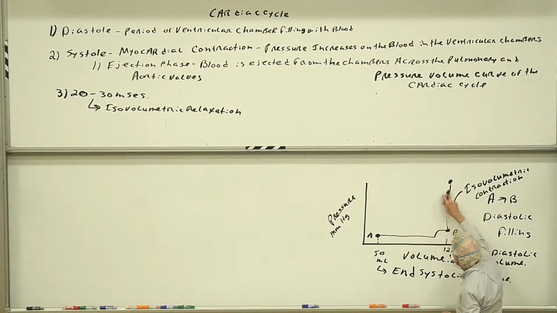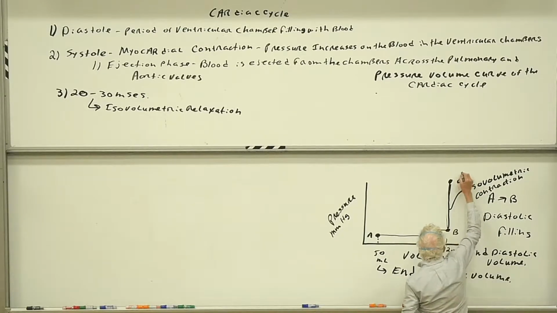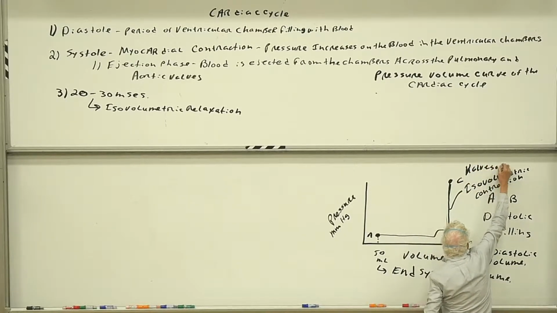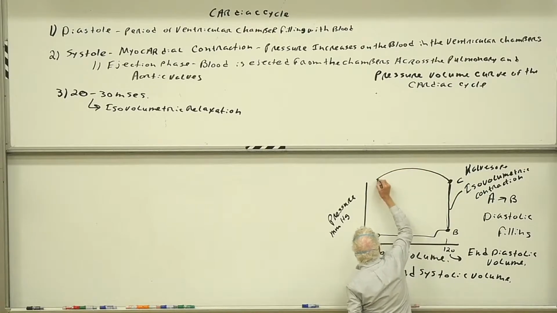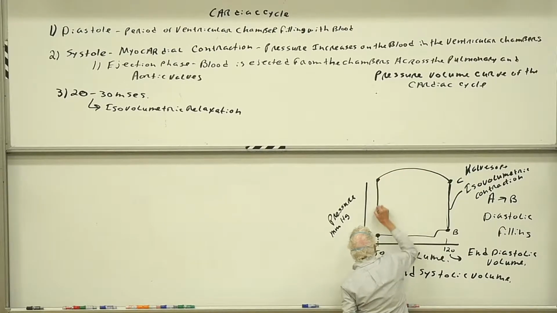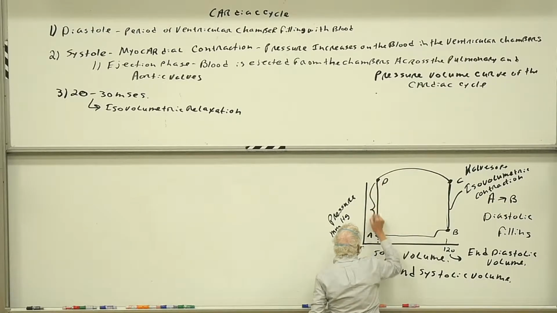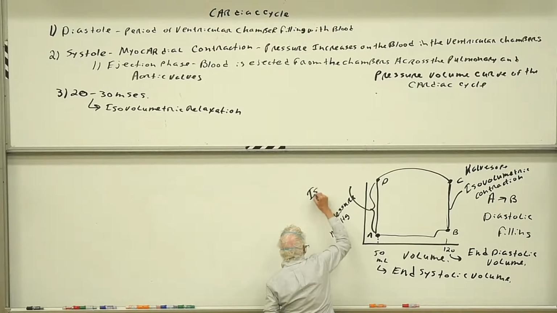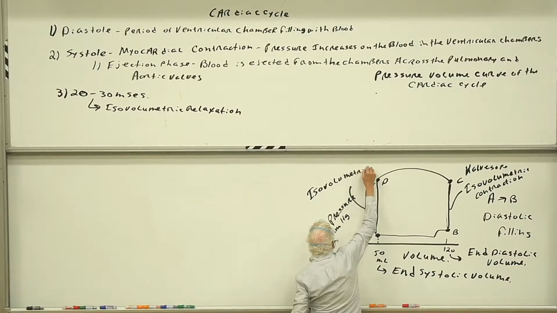This line goes straight up, so the volume doesn't change. But then at C, the valves open. We get the ejection phase. We come to point D, come back down again. And this, between D and A, is said to be the period of isovolumetric relaxation.